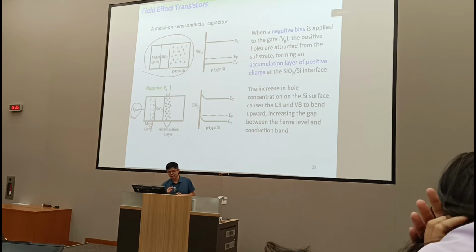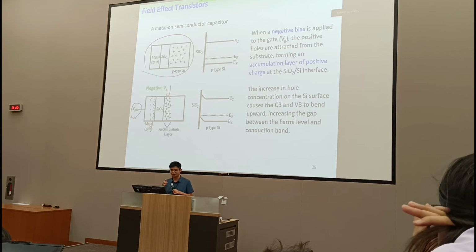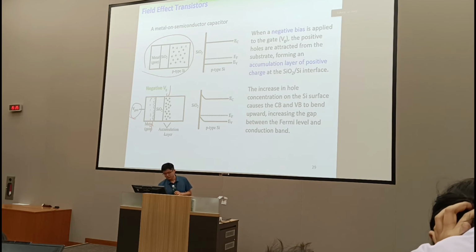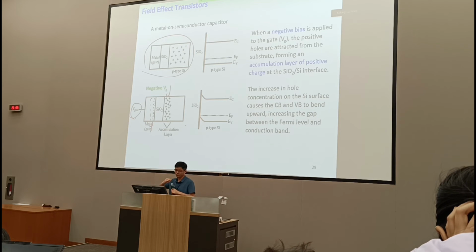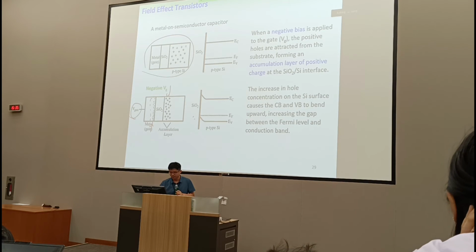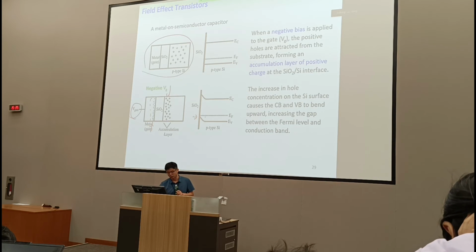A lot of positive carriers accumulate near the silicon dioxide. That also causes the bands to bend up when you apply this negative gate voltage. It repels the negative potential, pushes everything up, and the holes try to move to these states closer to the vacuum level or Fermi level.